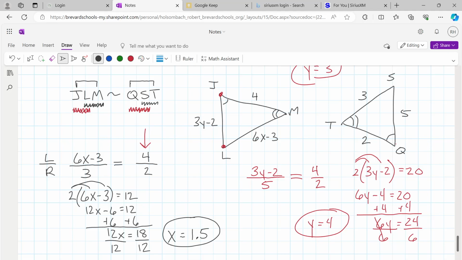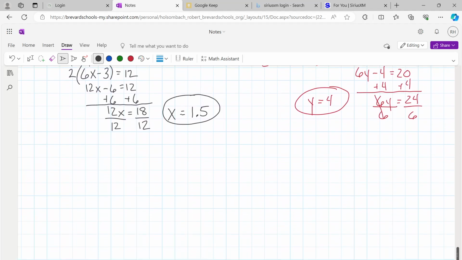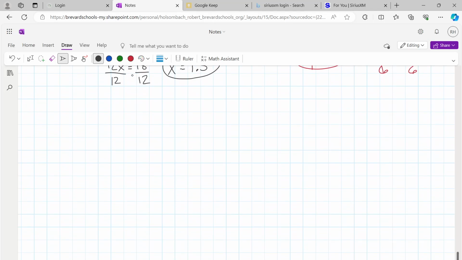All right, so look at the bottom of page 471. And this is a really important rule that you need to get into your notes. Theorem 7.1, perimeters of similar polygons.